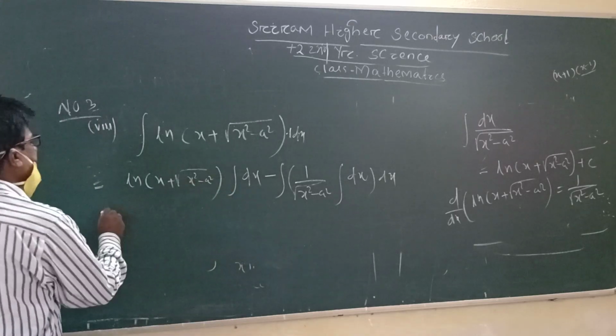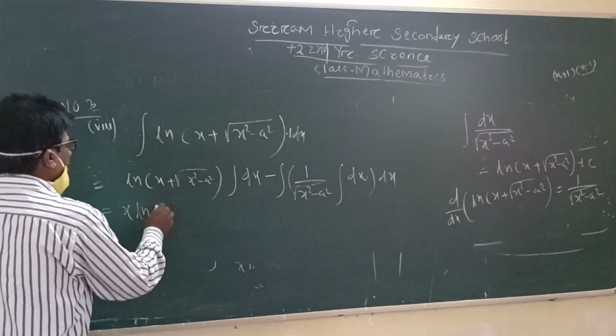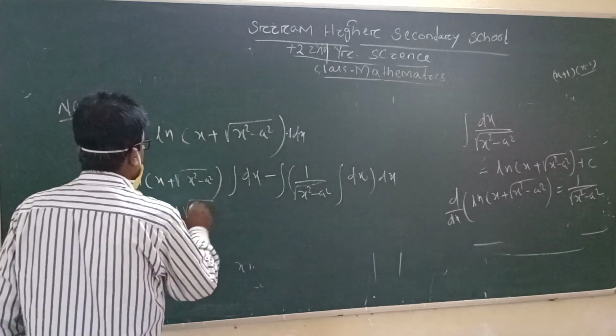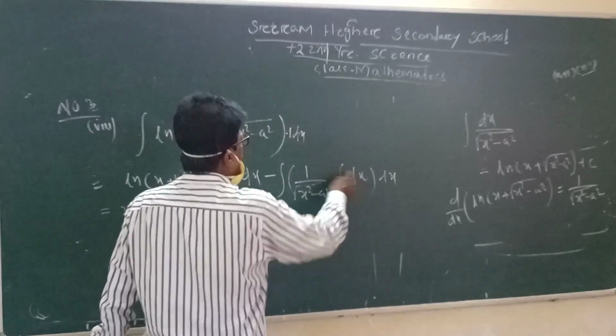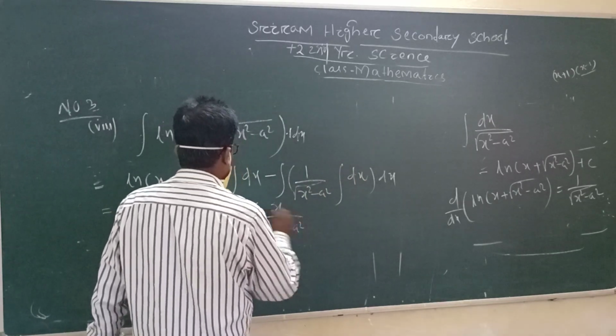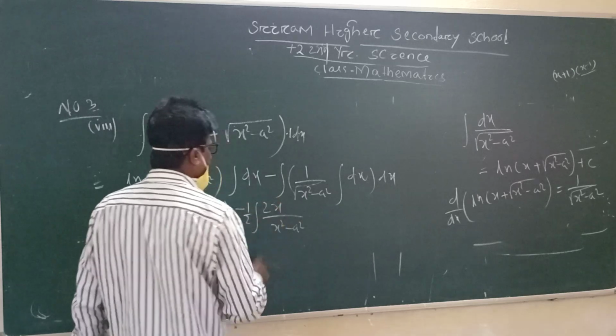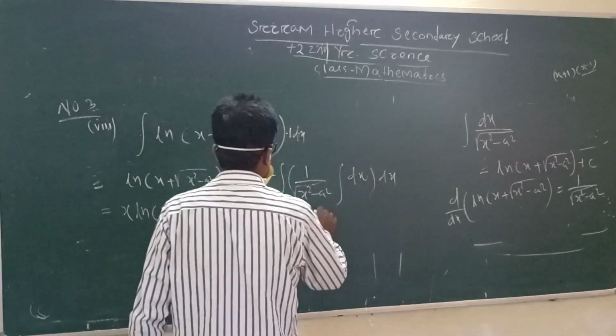Now the integration of dx is x, taking ln(x + root over x square minus a square) as the first function, minus the integration of x by root over x square minus a square dx.